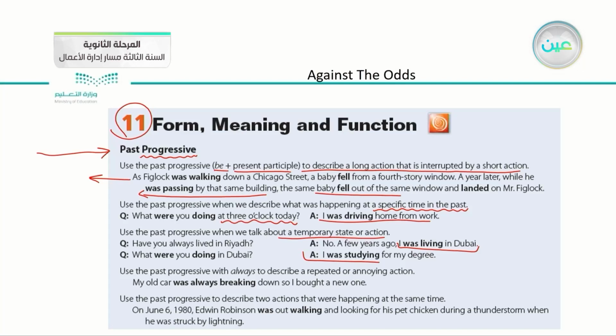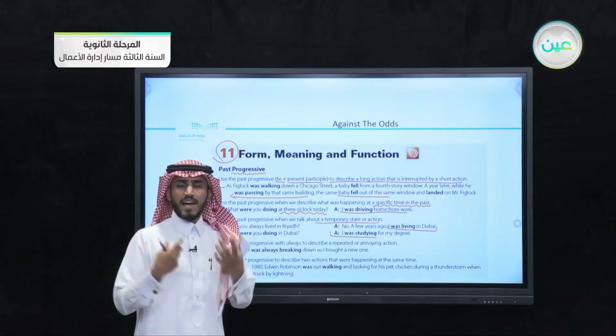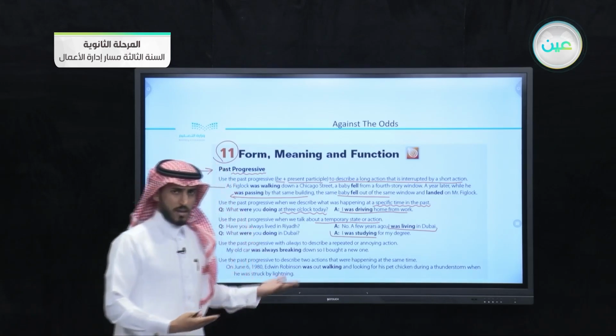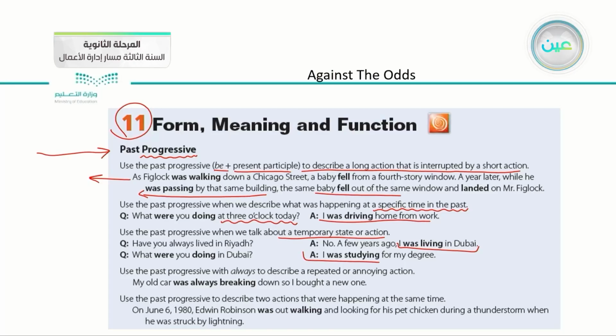Another situation for using the past progressive is with always to describe a repeated or annoying action. If you want to complain about something, it's okay to use the word always. For example, in the example, my old car was always breaking down, so I bought a new one.